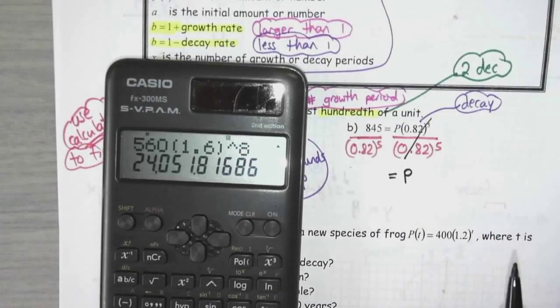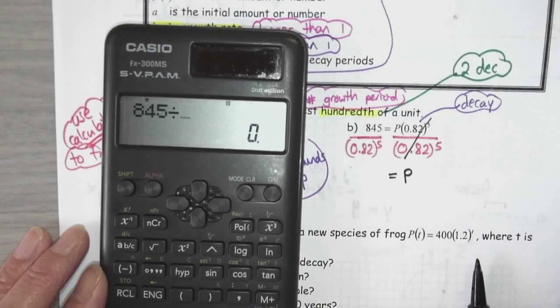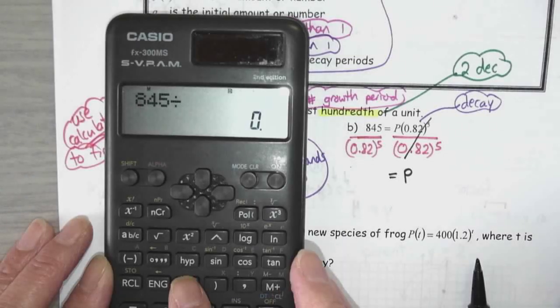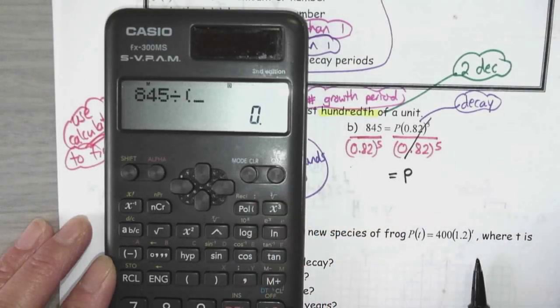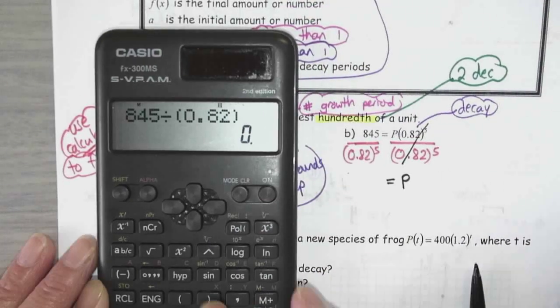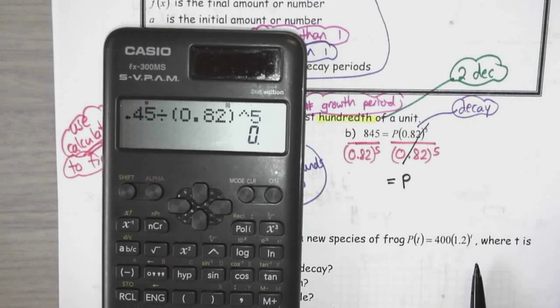Okay? Then I want you to, in your calculator, going 845 divided by, and then you can go bracket 0.82, or 0.82, doesn't matter. Close the bracket, and then to the power of 5, right? I don't want you putting this in twice. Does that make sense?